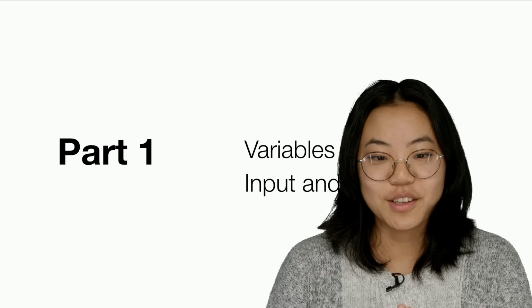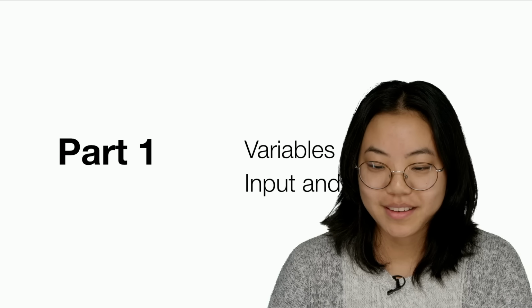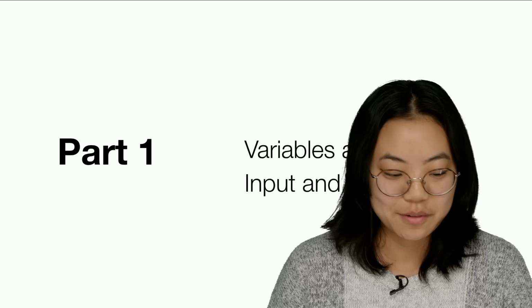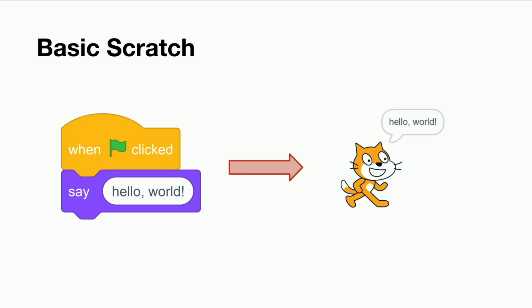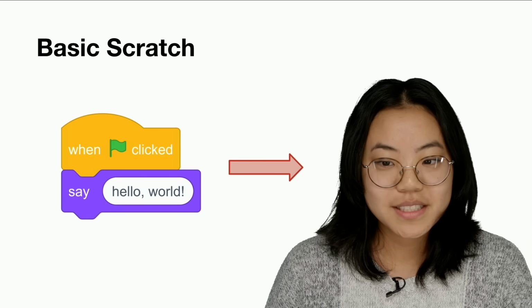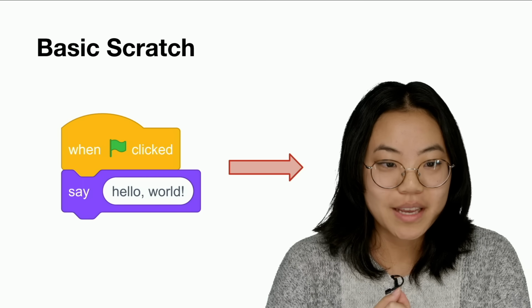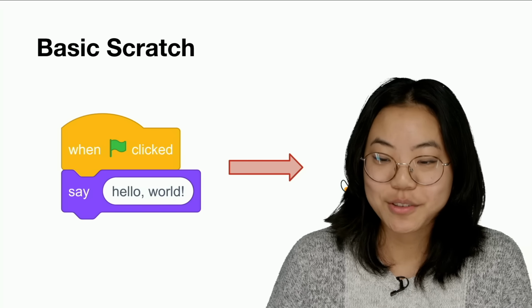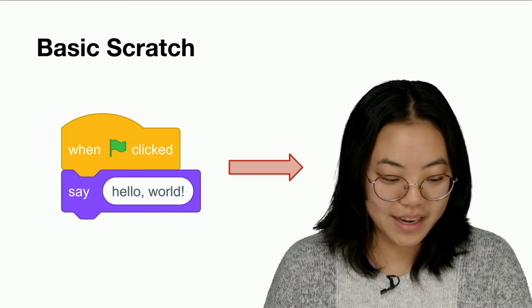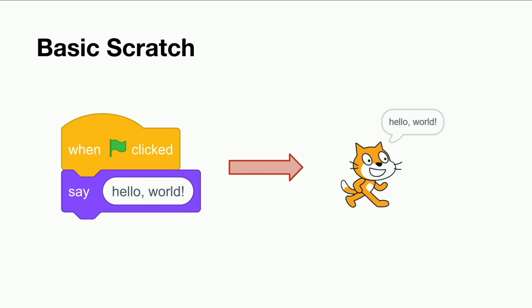All right, so let's get into some of the nitty-gritty of C with variables, types, inputs, and printing. Like you've seen last week in Scratch, we had this when green flag clicked, say hello world. It's a pretty basic Scratch program, and it had the effect of this Scratch cat saying hello world.